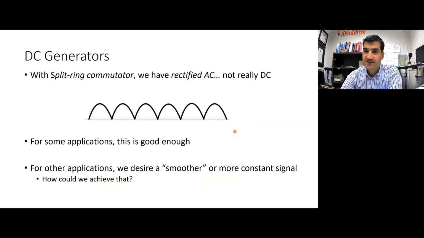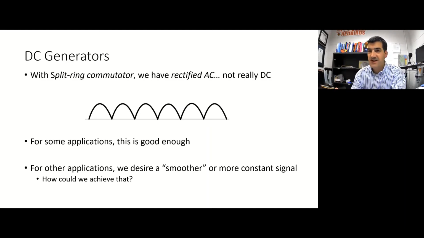All right, so we have rectified AC. And it actually turns out for some applications, this is okay. This works well enough. One application I can think of would be a DC motor. This would actually work to power a DC motor because DC motors are frankly pretty dumb. They don't actually need a consistent, steady DC voltage to work. As long as you give them a positive voltage, they are going to create a torque, and that will create a rotation of the DC motor.